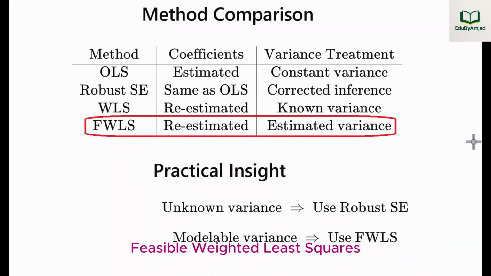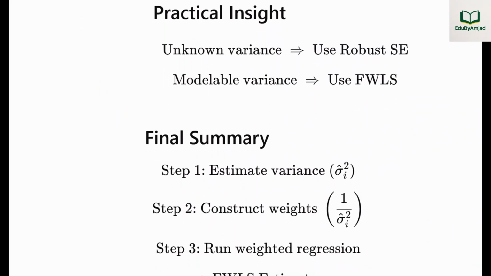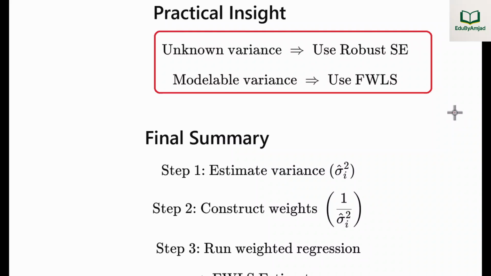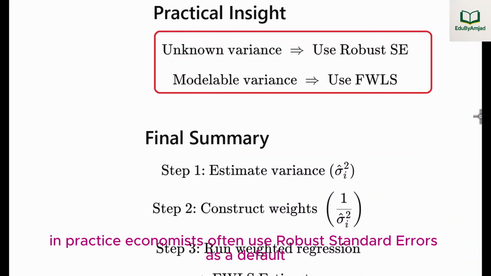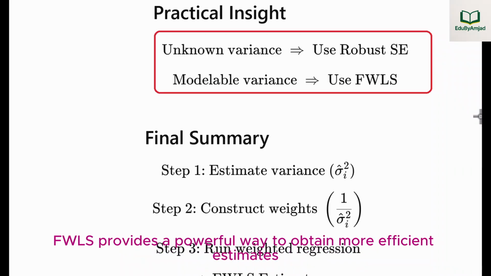Feasible weighted least squares extends this idea to the realistic case where the variance must be estimated. In practice, economists often use robust standard errors as a default. But when we can model the variance, FWLS provides a powerful way to obtain more efficient estimates.